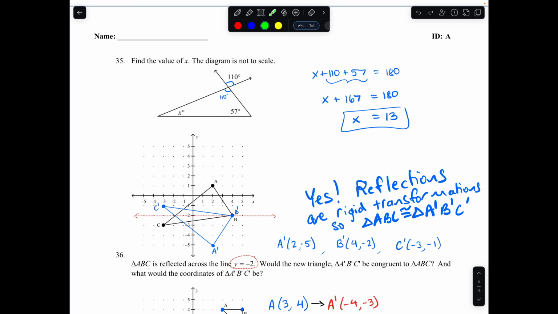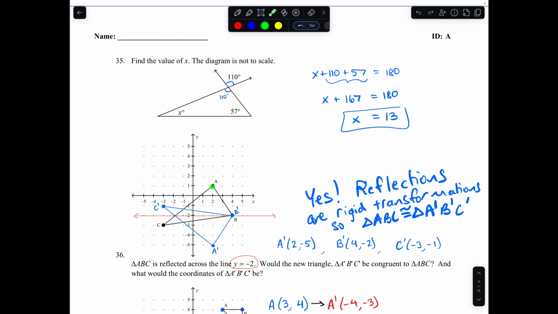But then it asks, what would the coordinates be for our image? So that's why I drew the line, because we don't have a rule for reflecting over y equals -2. But we can look at the point B and say, well, it is 0 units away from my line of reflection. So B prime also needs to be 0 units away. It's going to be the same point.